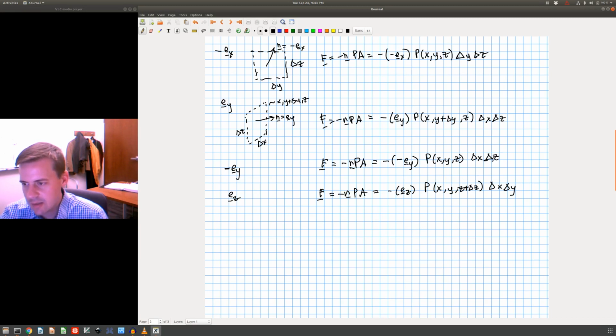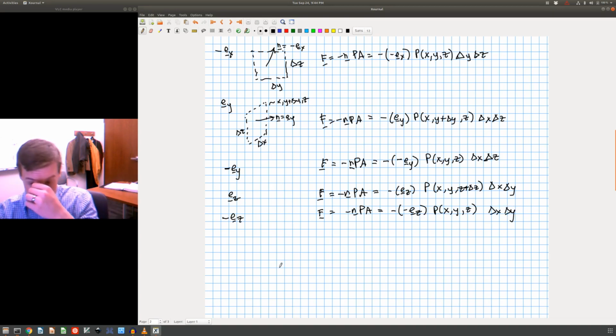This has the z plus delta z, and now my area doesn't include the delta z term. And when I have a minus e_z, the force is minus N pressure area, which is minus a negative e_z, P of x, y, z, delta x, delta y. Okay, so those are the 6 faces.